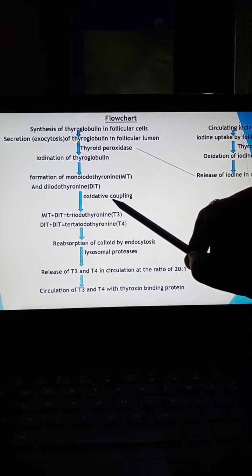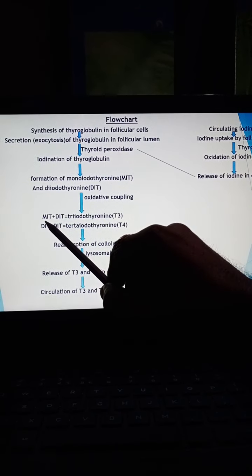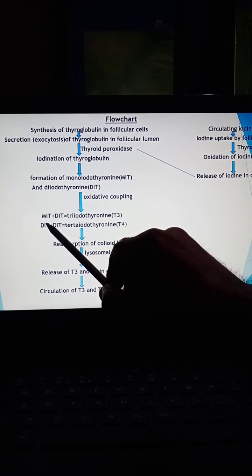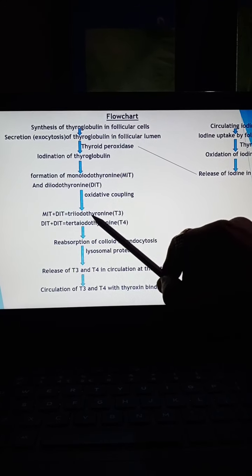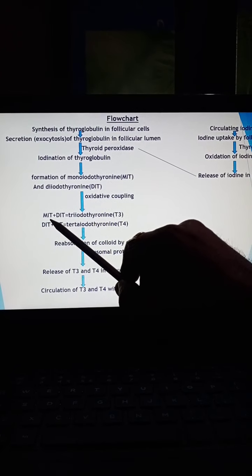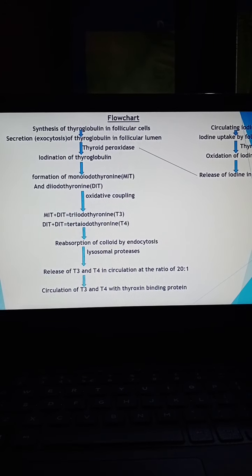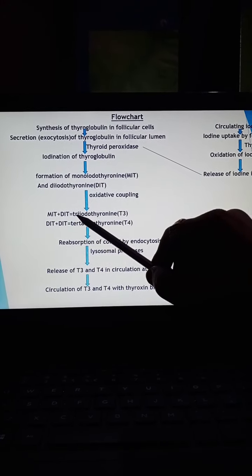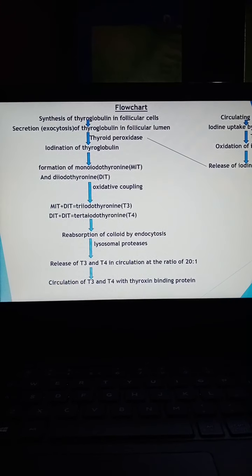When oxidative coupling takes place, monoiodothyronine plus diiodothyronine combine and form triiodothyronine. When diiodothyronine combines with another diiodothyronine, it forms tetraiodothyronine. These are called T3 and T4.